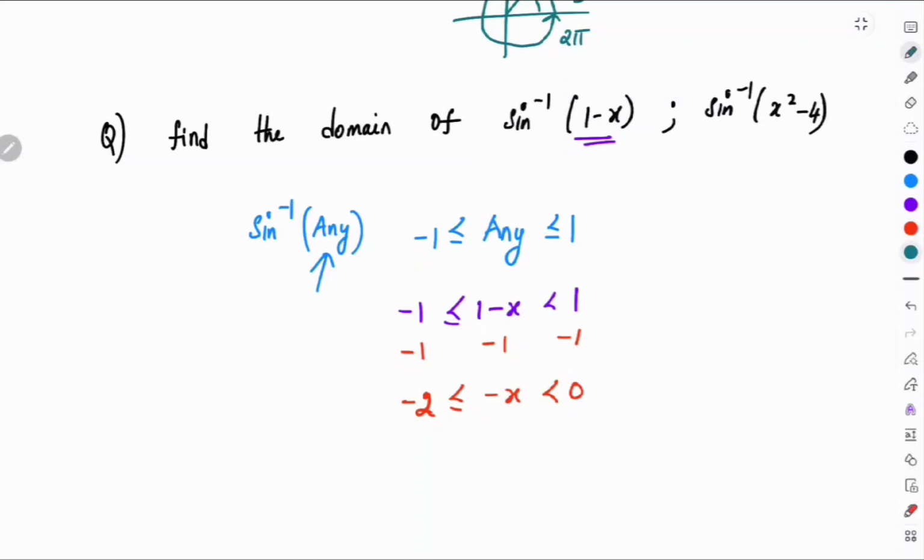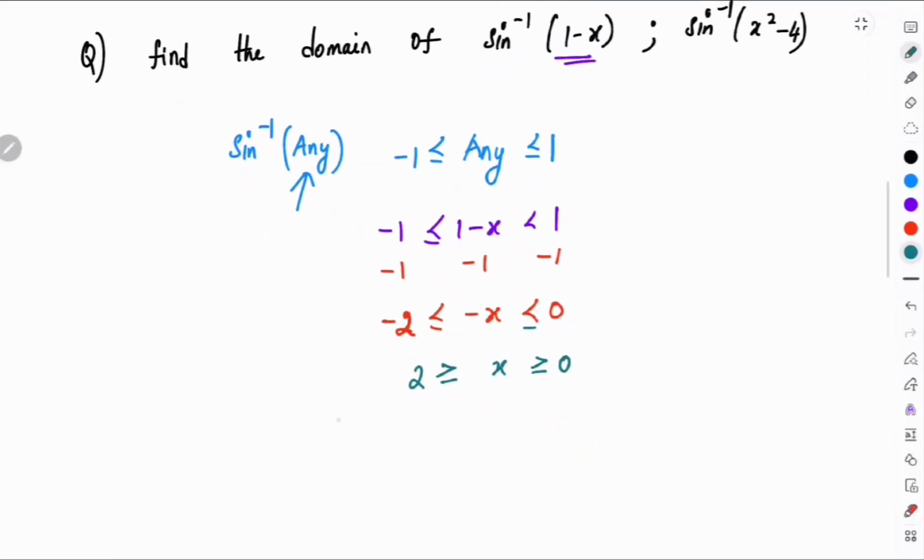Now if you want the value for x, you have to multiply throughout by minus, so your inequality sign gets changed. So the x value belongs to 0 to 2.